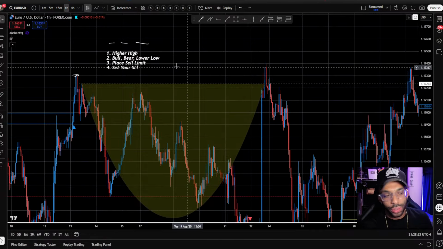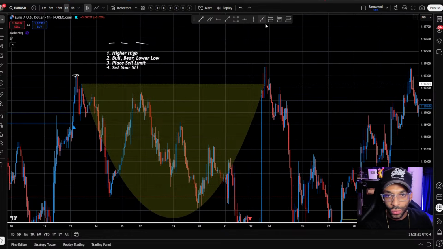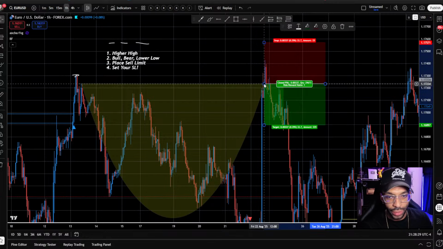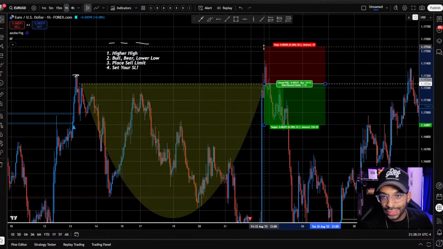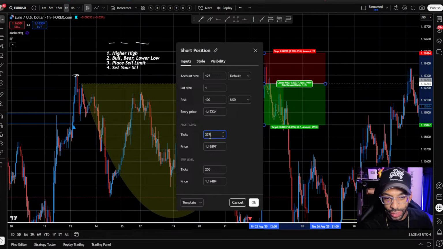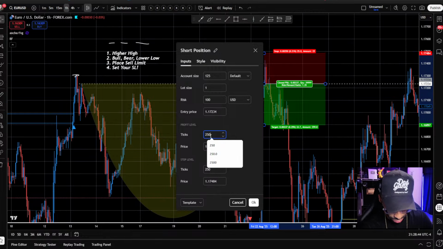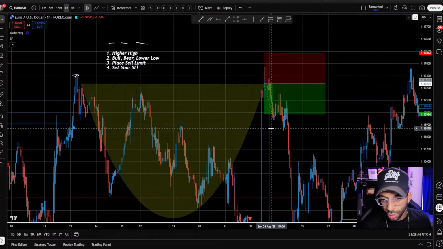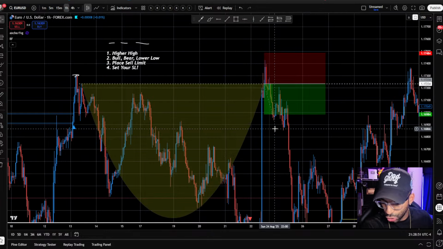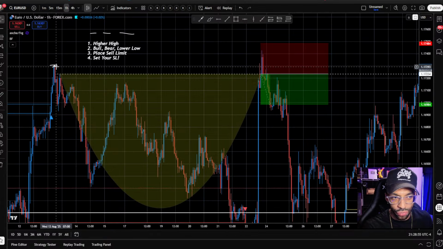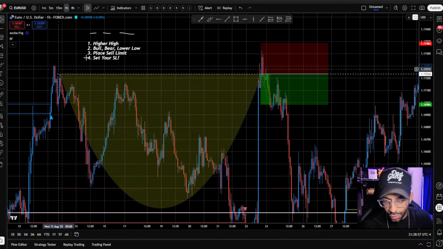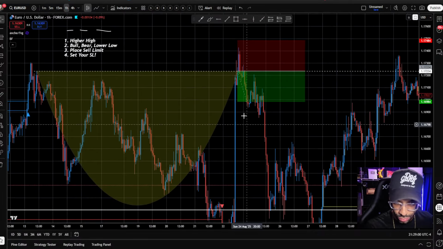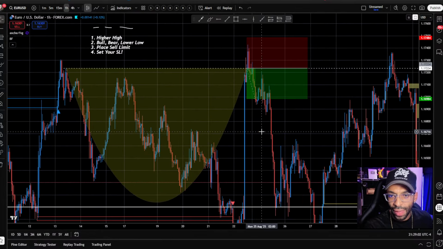On the 1 hour, we're going to set a short position, with a stop loss between 25 and 30 pips. I personally do 25. If you want to give the markets a little more room, especially on the 4-hour time frame or higher, then you might want to do 30. We're doing 25 pips here.